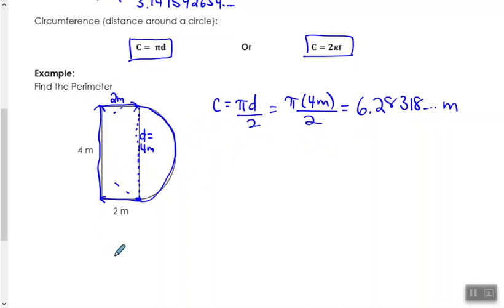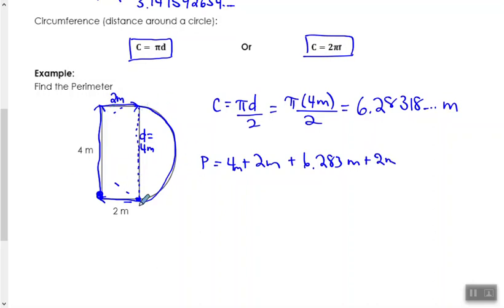So let's figure out our full perimeter now. If I start here, I have 4 meters. So my perimeter is going to be 4 meters plus 2 meters plus this distance around the half circle, which we figured out was 6.283, I'll say, meters, plus, and finally this last 2 meters, and then I'm back to where I started.